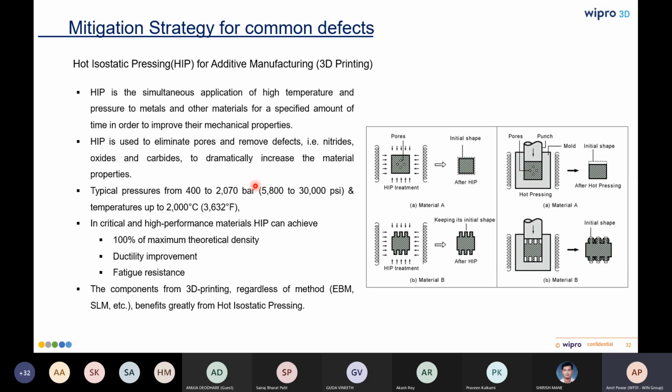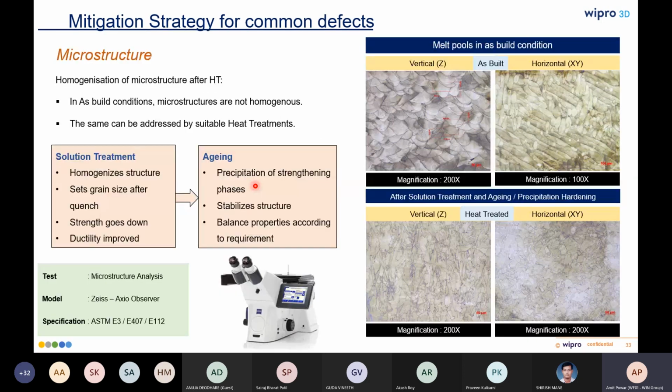This process is used for homogenization, so whatever columnar grain structure is there can be reduced to some extent. Other than this, solution treatment and aging, if you employ them, will help homogenize the structure, and the properties can be maintained according to our requirements with variations in the solution treatment and aging.